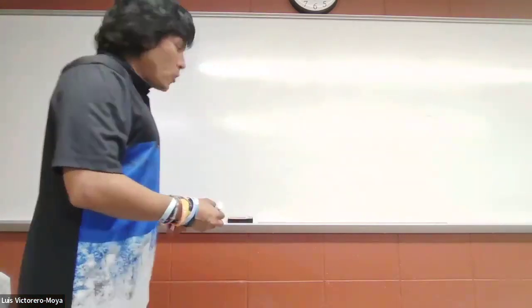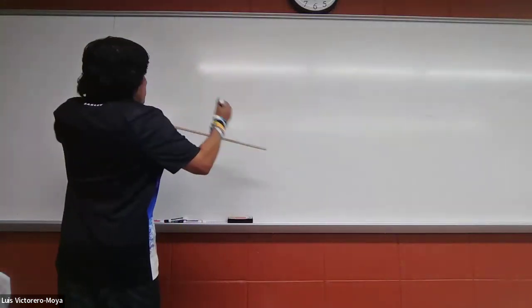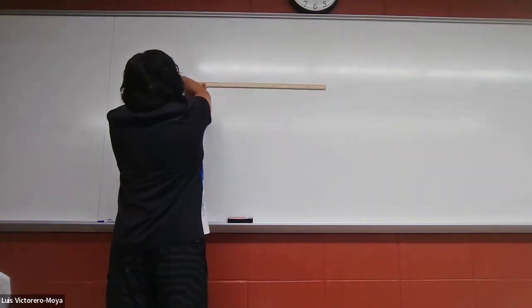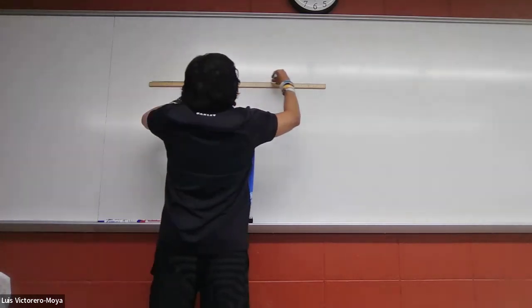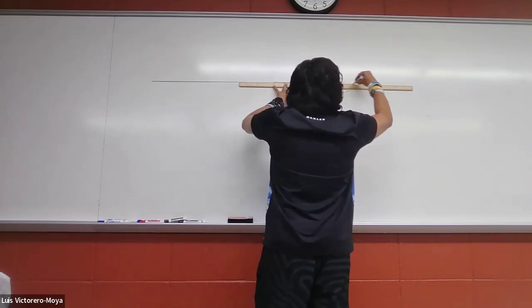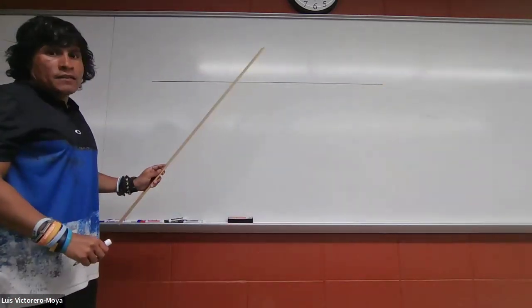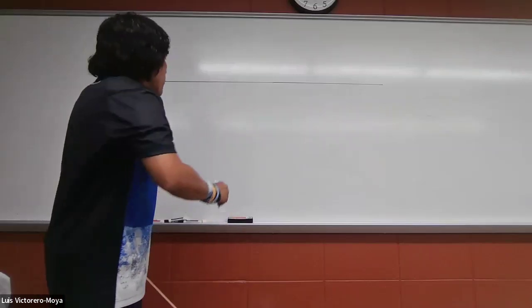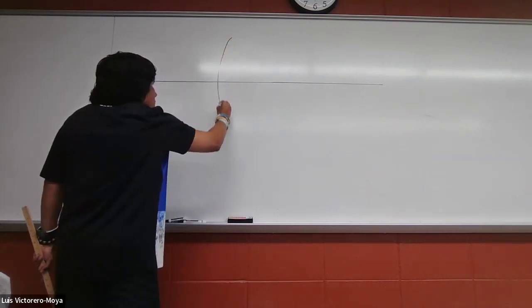So here, we have a combination here. You have the optical axis like that. All right. And you are given a convergent lens or a convex lens like this.